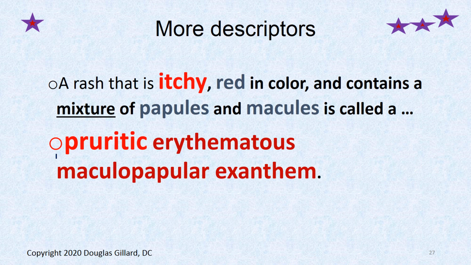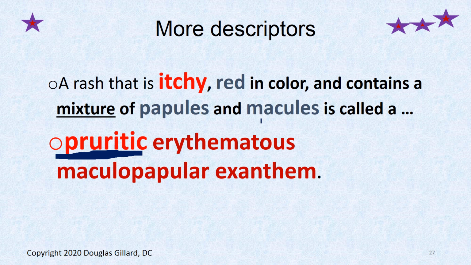Pruritic. Pruritic is the word for itchy. So if we have an itchy red lesion that's made of macules and papules, and it's a rash, it's scattered in at least one area, you have yourself a pruritic erythematous maculopapular exanthem. See how that works?